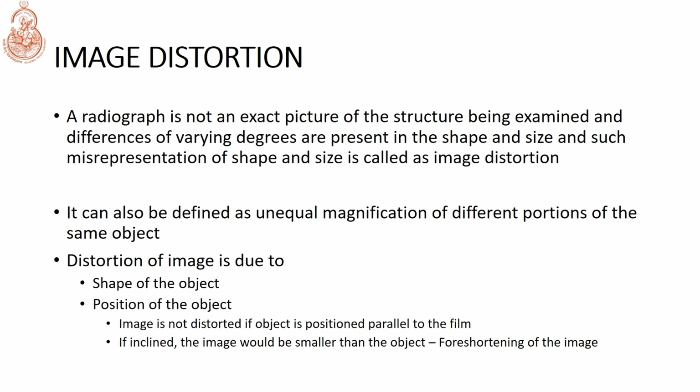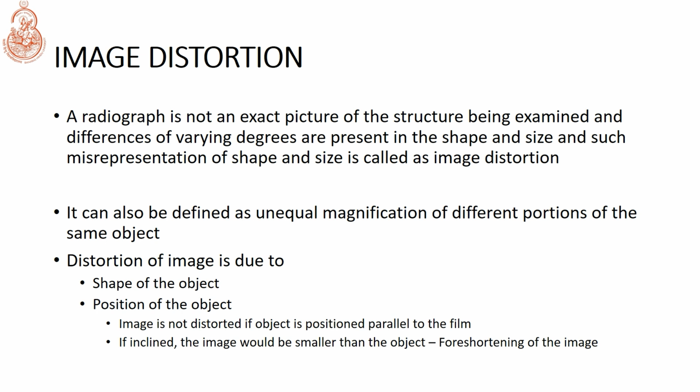It can also be defined as unequal magnification of different portions of the same object. The distortion of the image can be due to the shape of the object and position of the object. The image is not distorted if the object is positioned parallel to the film, and if it is inclined, the image would be smaller than the object, and that is called foreshortening of the image.